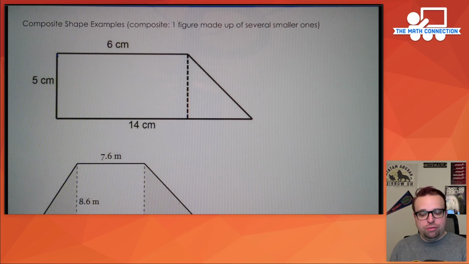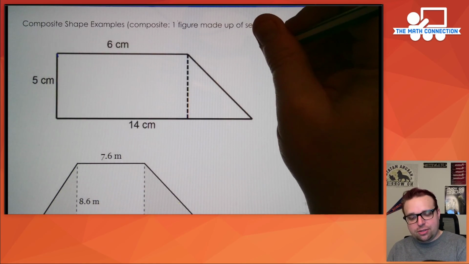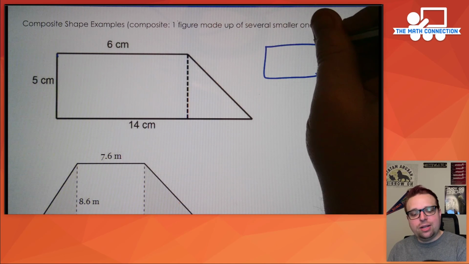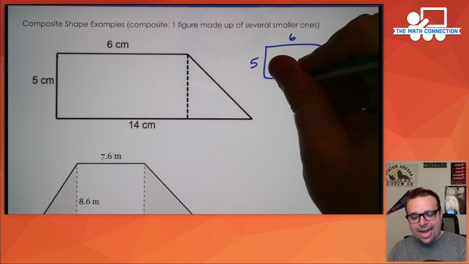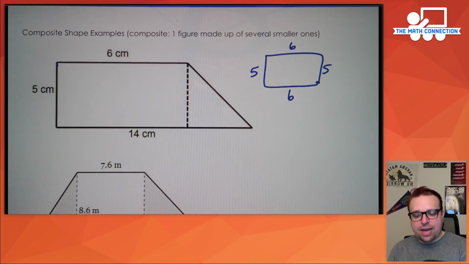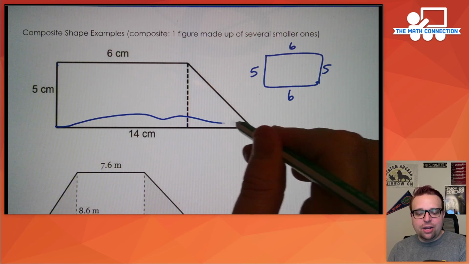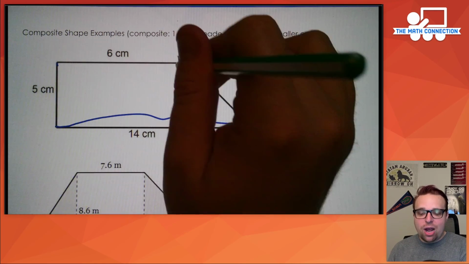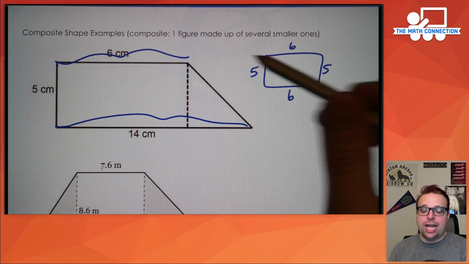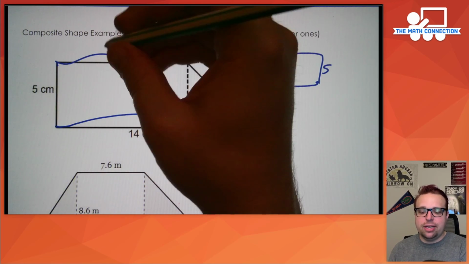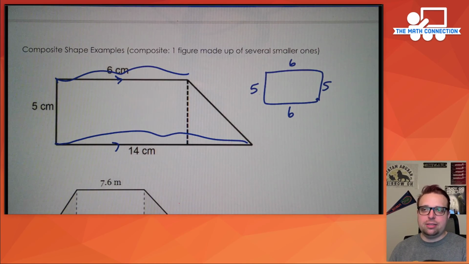So let's do blue for the rectangle. And let's try and look at just the rectangle. So just the rectangle part here would be 6, 5, has to be 6 down here, and then 5. This 14 describes this entire length. But right now we only care about this part, which is part of the rectangle, which has to be, in order for it to be a rectangle, these have to be congruent, which would be 6 and 6.